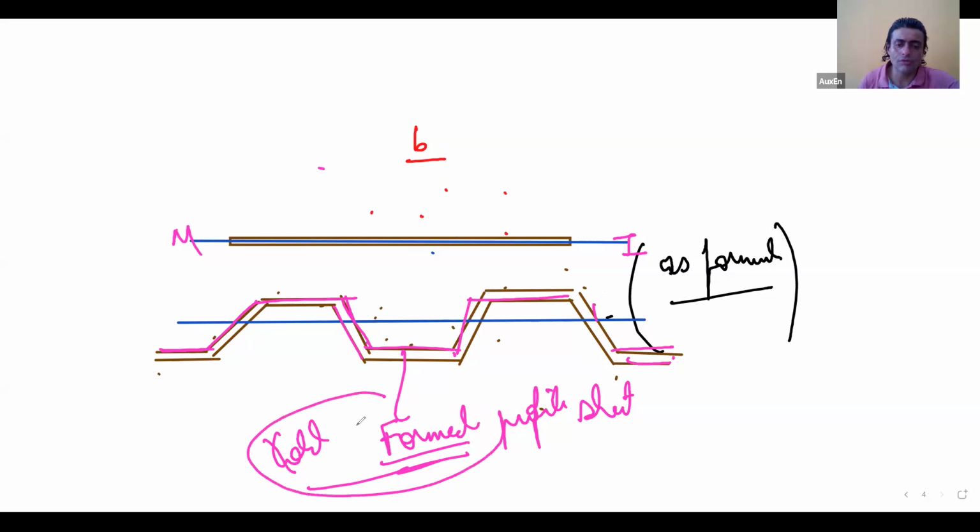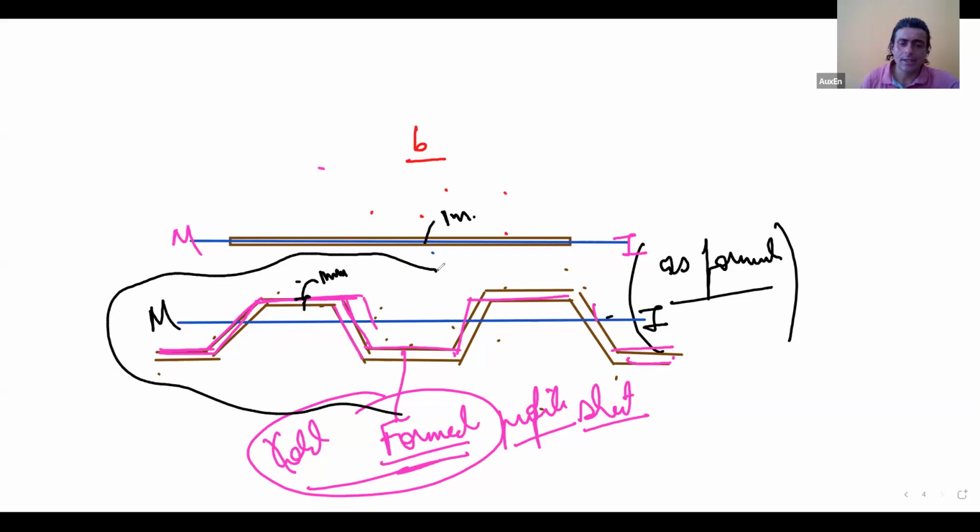So this is called a cold formed profile. Why profile? Because now I have made a profile out of this sheet. So quite clearly, this will have a very large moment carrying capacity. Do you understand or not? For the same thickness, let's say the thickness remains 1 mm, I will have a very, very large moment capacity from this type of shape. Clear?